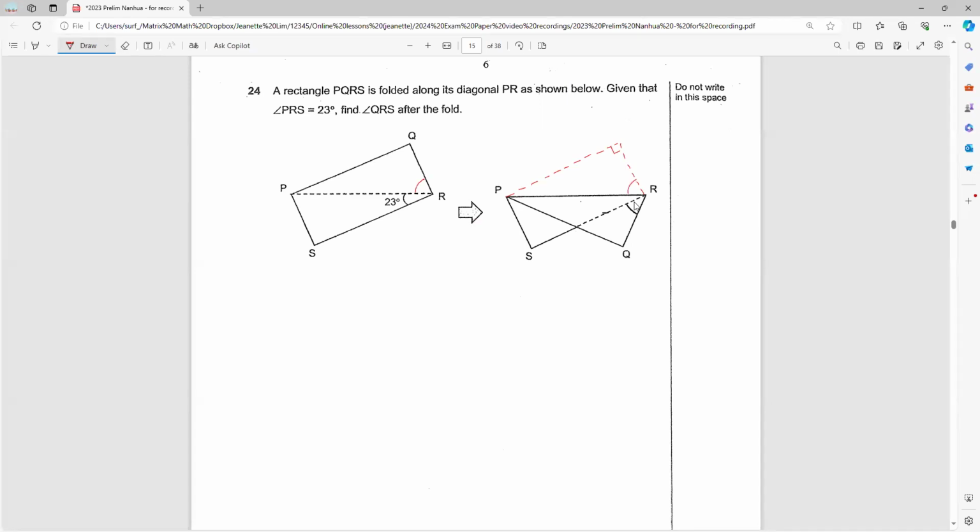Let's find that first. So 90 degrees minus 23 gives us 67. So this is 67. This is 67. Now this is also 67 because when you fold it down, this whole angle is 67. Now you compare this with PRS, this 23 degrees. PRS 23 is over here.